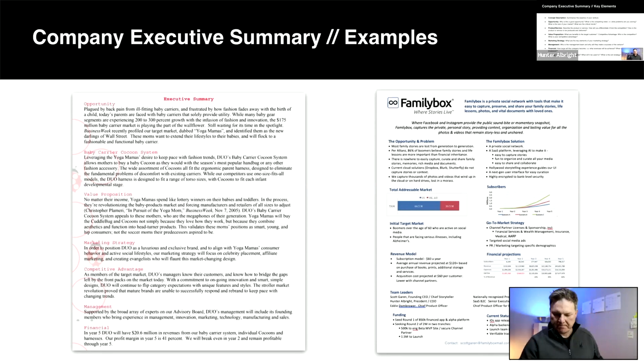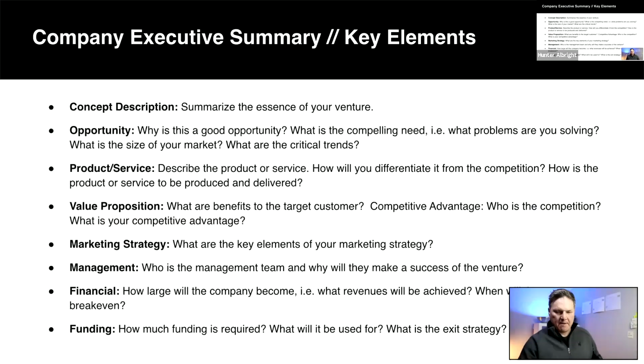These are some of the areas that you guys should be including. You don't have to include all of them in your executive summaries. We'll talk in a sec about the concept description. This is really your elevator pitch, your summary of what you're all about. Really focus on getting it down, practicing it, using it all the time so you can get as much feedback as Eric was saying earlier, like with your communications.